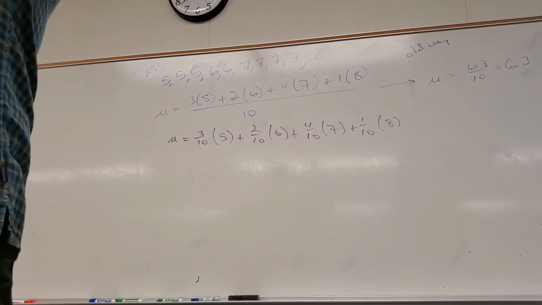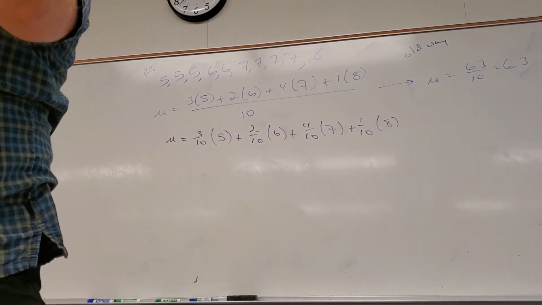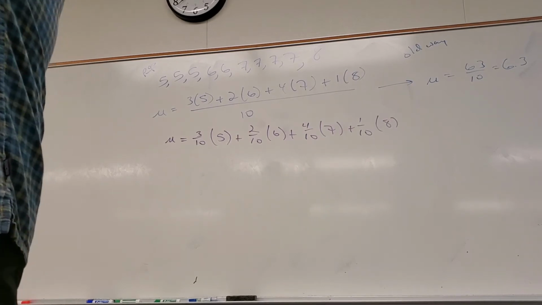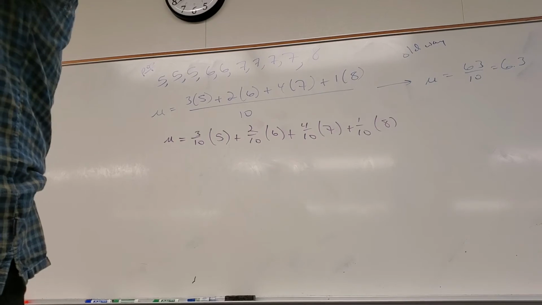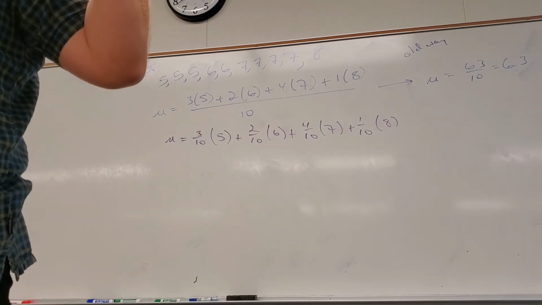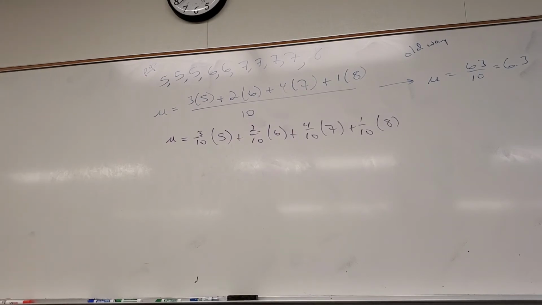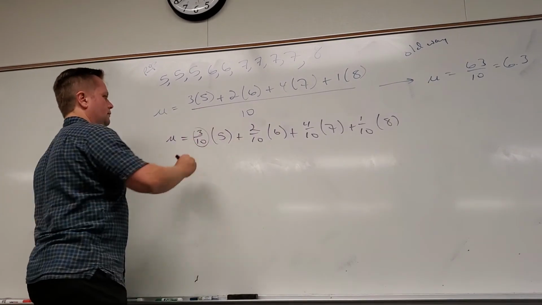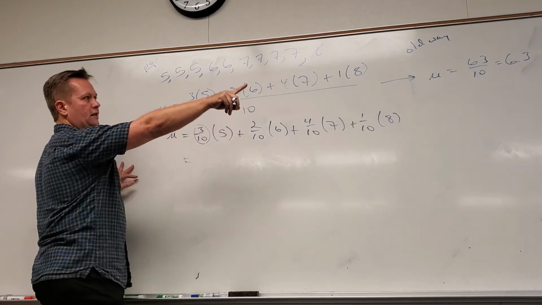Like your tests are 55% and your quizzes are 25%. So what you would do is 55% of your test average plus 25% of your quiz and homework average plus, this is how you calculate the average when there are weights involved. So these are the weights. 30%, blah, blah, blah. It's got to come out the same.